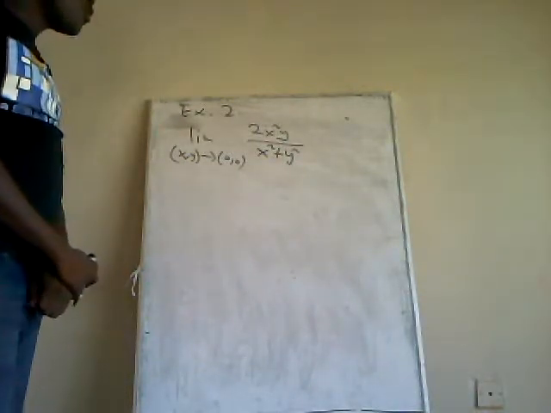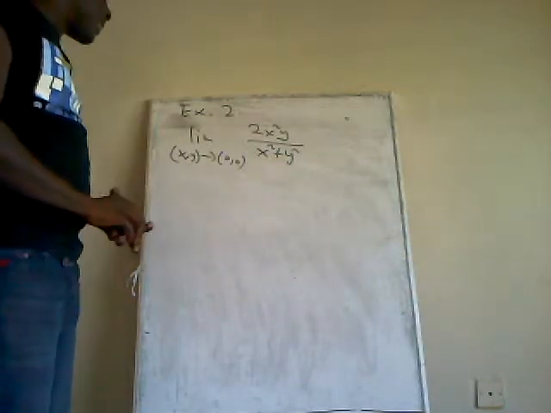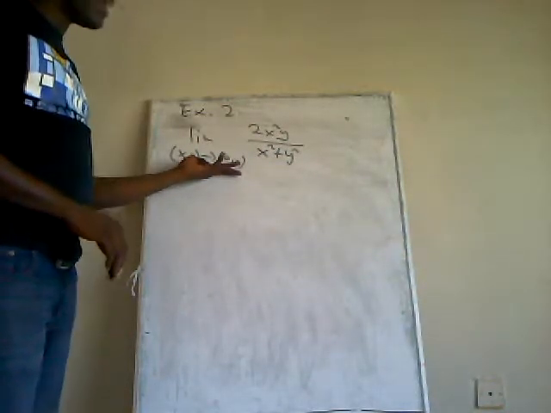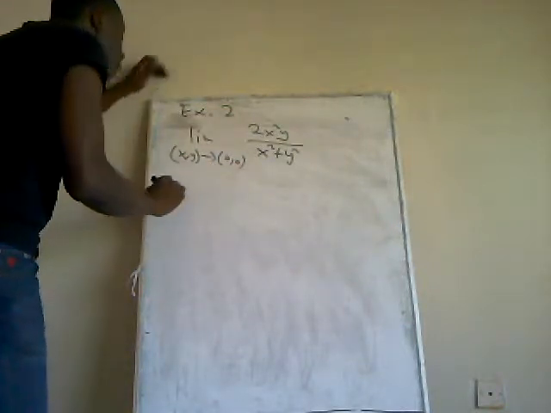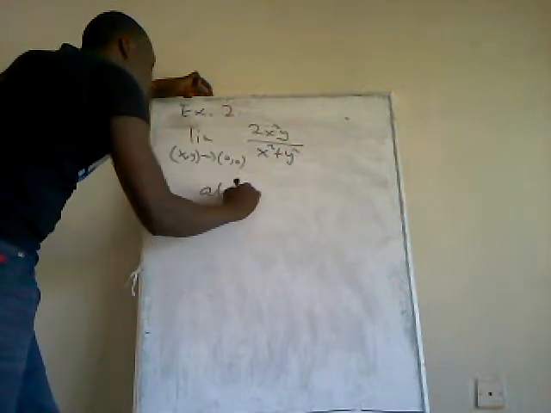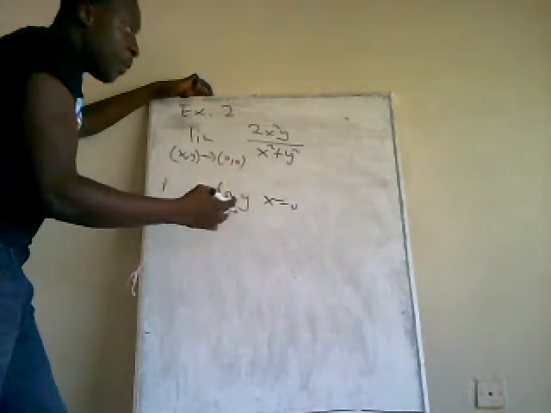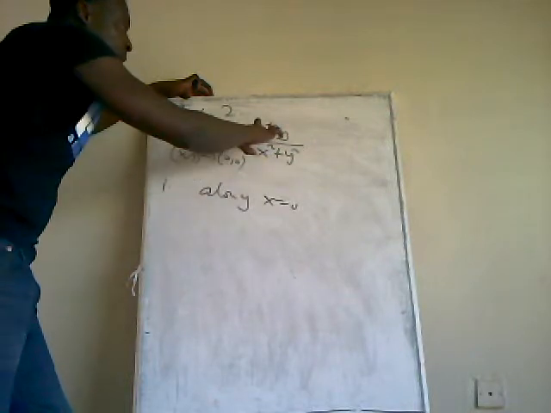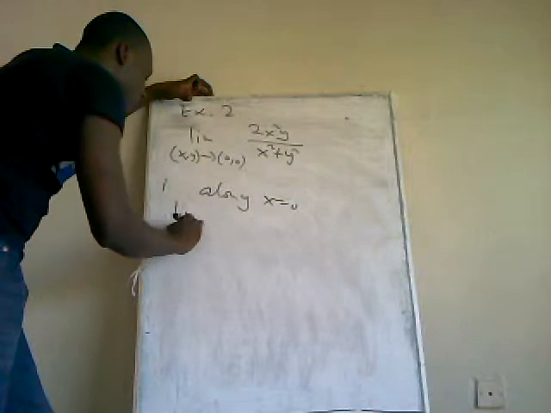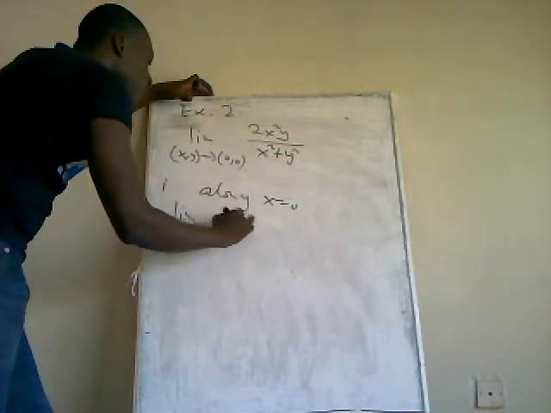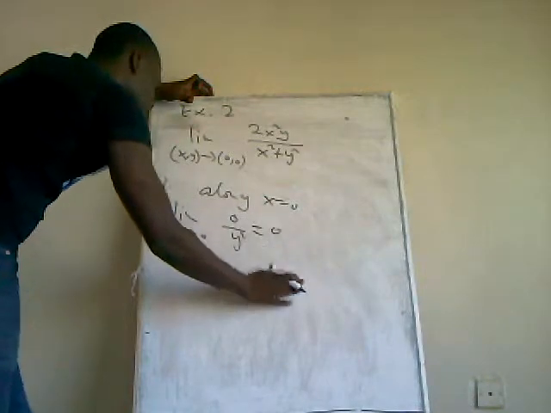Now, what do we do? By the accumulation point theorem, if the limit exists, then it must be equal along all the lines that pass through 0, 0. So first, we check along x is equal to 0. Like the first example, if x is 0, we put 0 in place of x, and we get the limit as y goes to 0 of 0 over y squared, which is equal to 0.